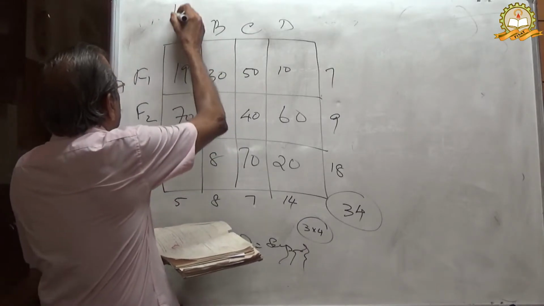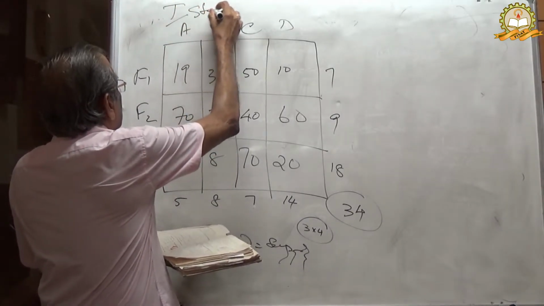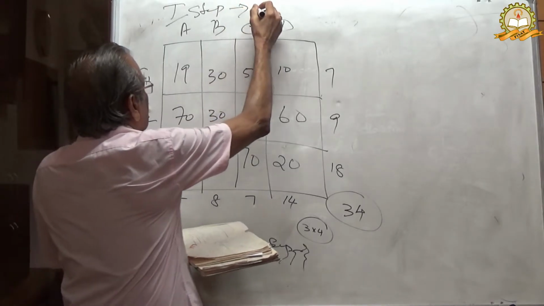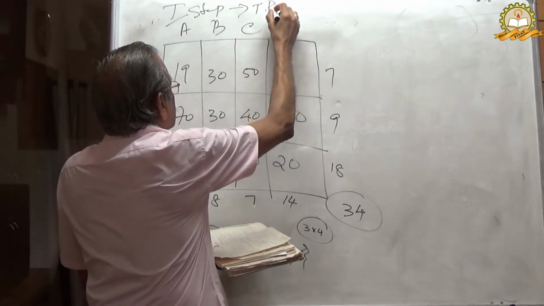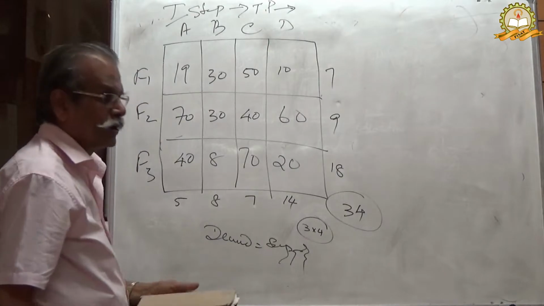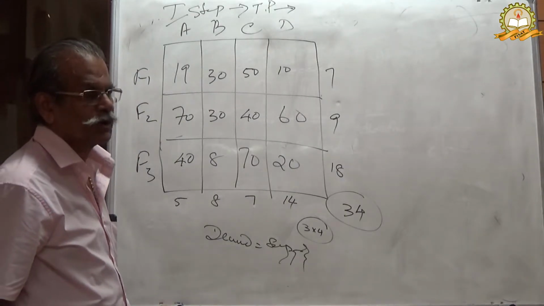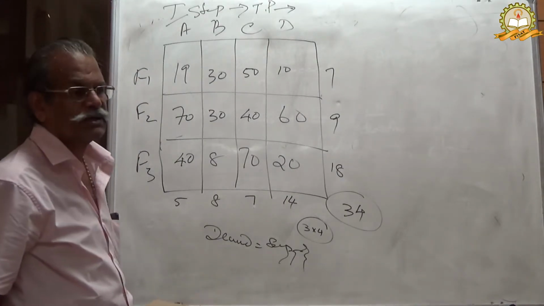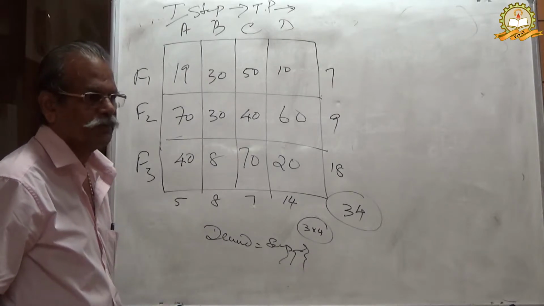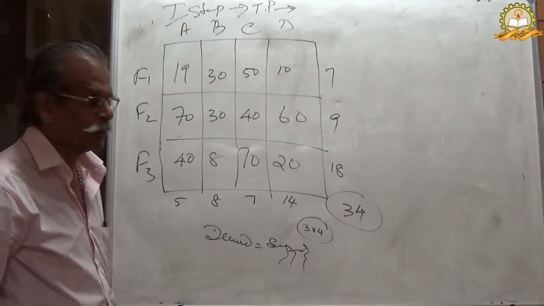Therefore, the first step will be to find the transportation cost, TC, which is supposed to be minimum.